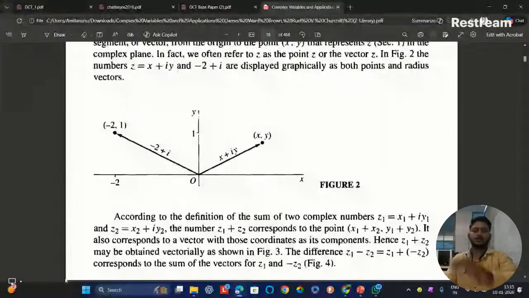Hopefully you understand this. I use this figure.